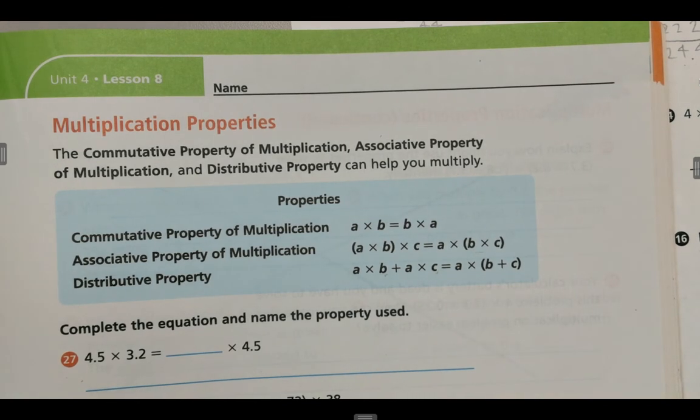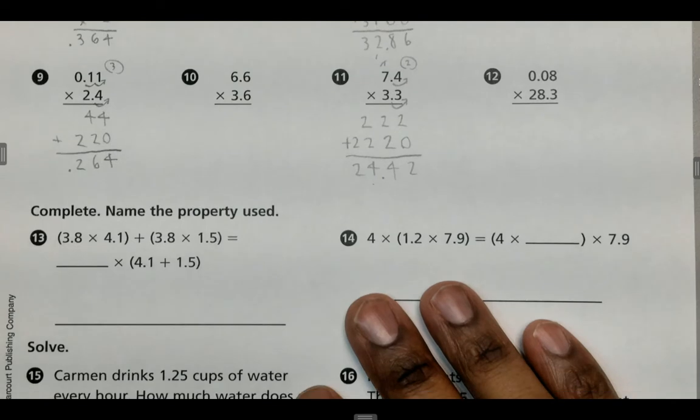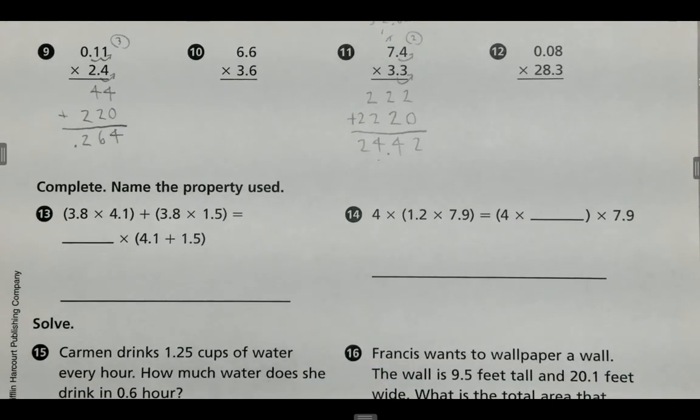So with that review, let's go back to your page and apply it. In 13, here's the equal sign. 3 and 8/10 multiplied by 4 and 1/10 plus 3 and 8/10 multiplied by 1 and 5/10. Does this look familiar?